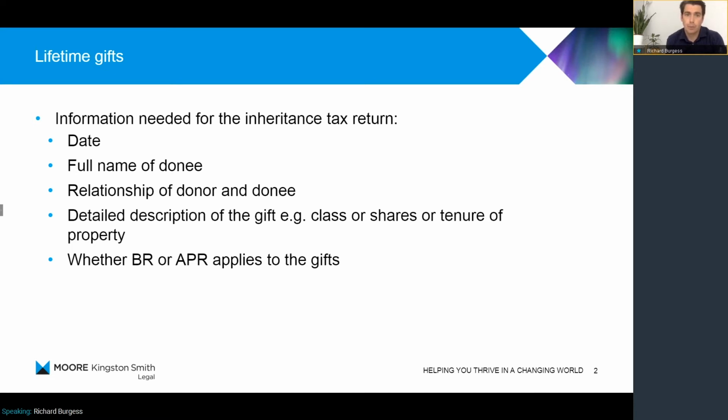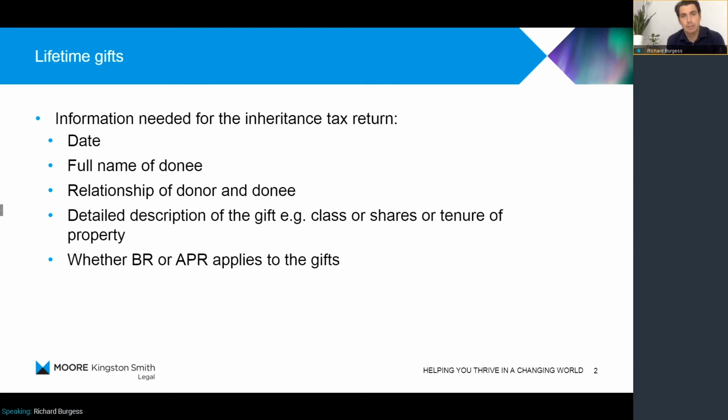Also, that final point there about whether business relief or agricultural property relief might apply. If you are going to claim those things, you've got to satisfy yourself that all the requirements have been met, and it's the information at the date of gift that's applicable here.